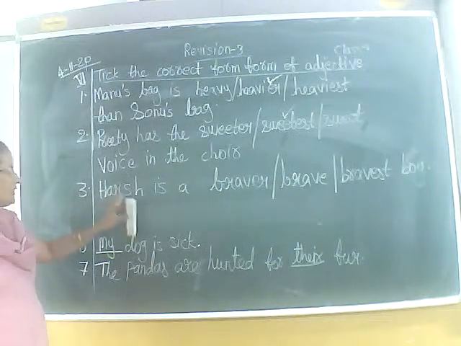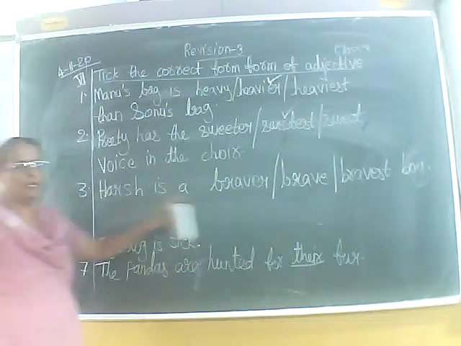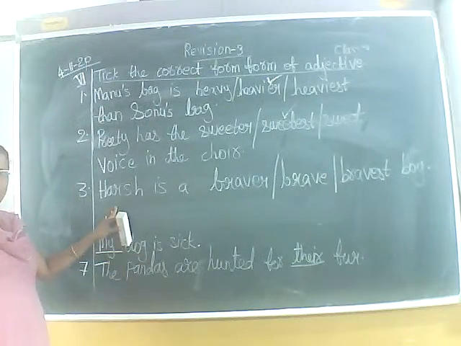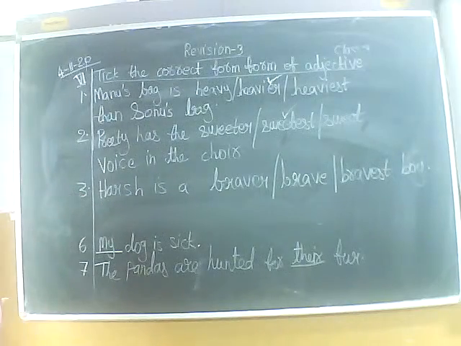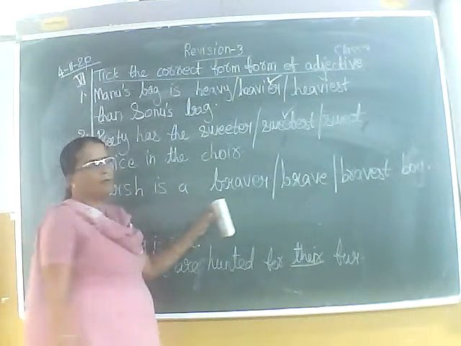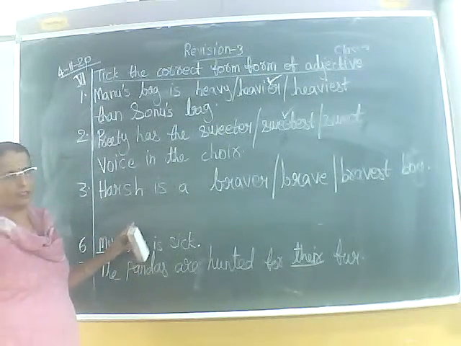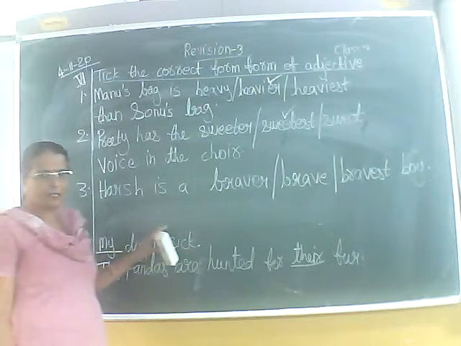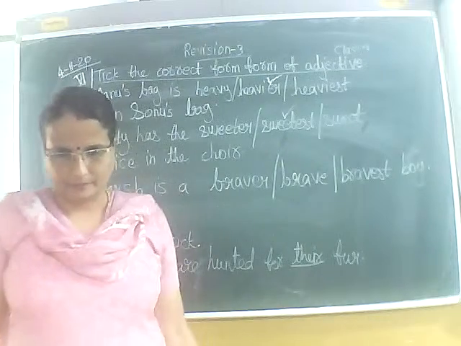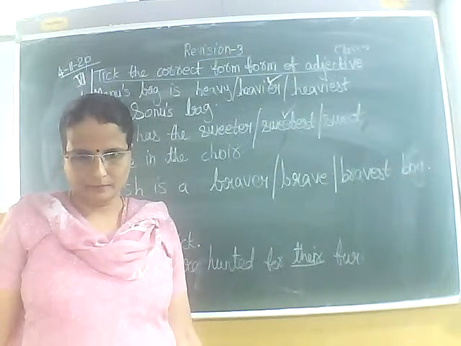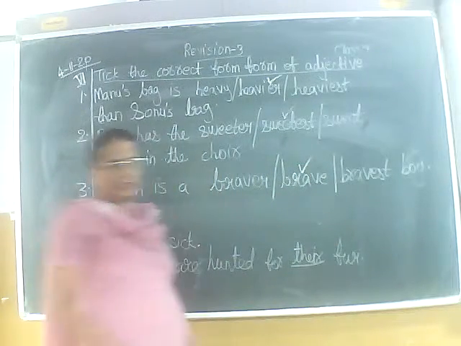But here we are not comparing Harsh's quality with any other person or any other thing, nor with more than two people or two things. We are just plainly saying about Harsh's quality. So what should be the adjective we use here? Should it be positive or comparative or superlative? Harsh is a dash boy. Harsh is a brave boy, because we are not comparing his quality with other people.